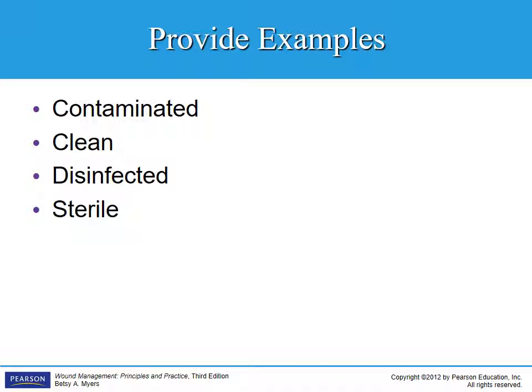If you wipe it with an antimicrobial, you'll disinfect it. But sterile can only be in an environment that is completely free of microbes, such as a negative pressure room. That is a sterile environment.